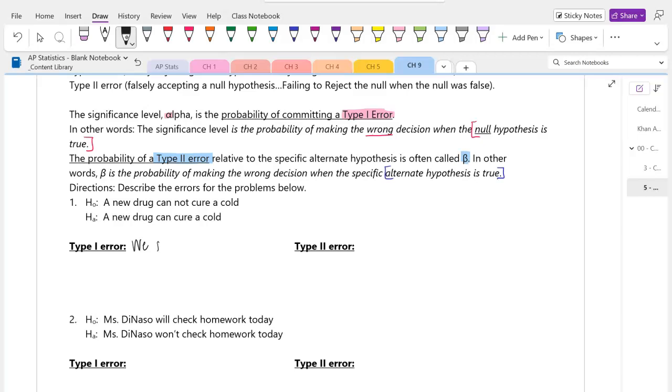that we said the new drug may cure a cold, but it really cannot. So that is, the null hypothesis was in fact true.